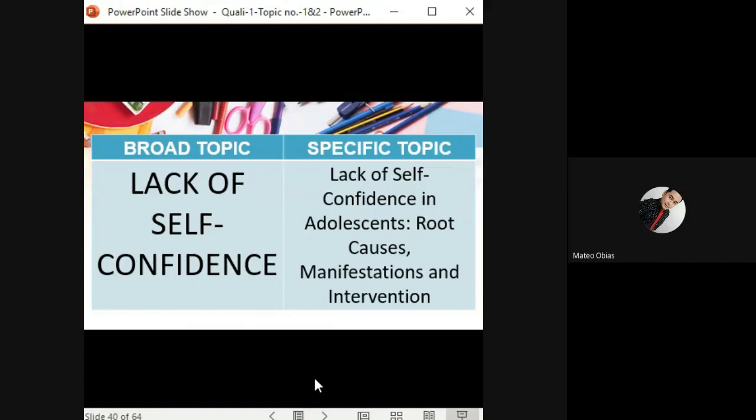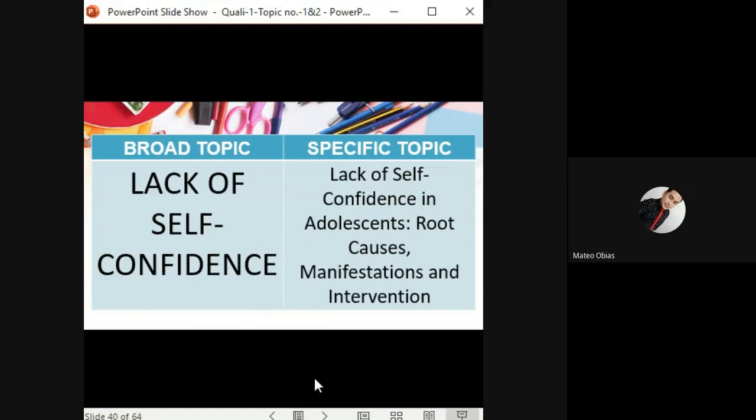So specific na yung topic mo, hindi lang siya more on COVID talaga. So meron ka ng specific na pagtutuunan ng pansin: the causes, the prevention, the treatment, and of course, the care.